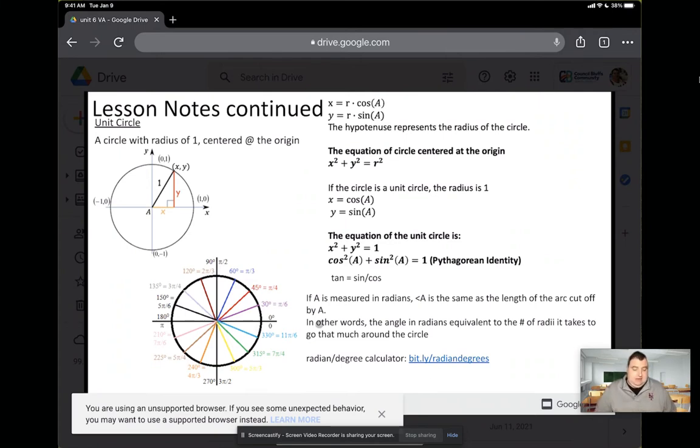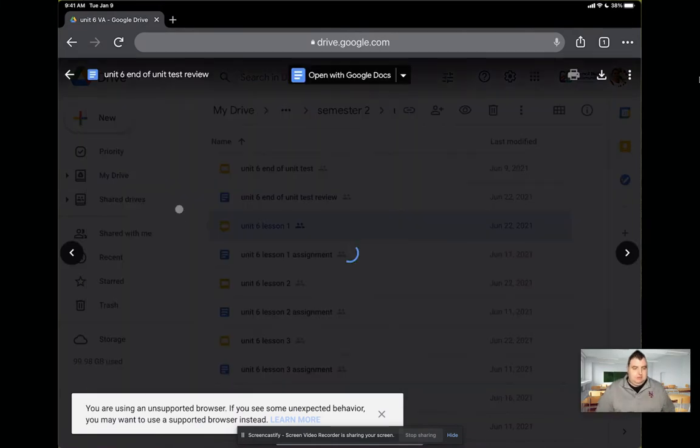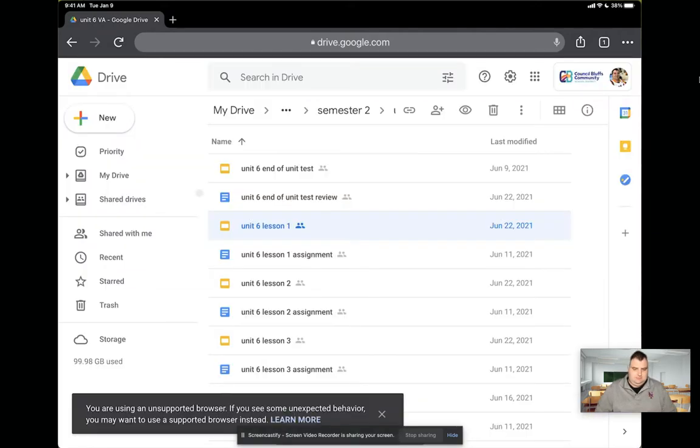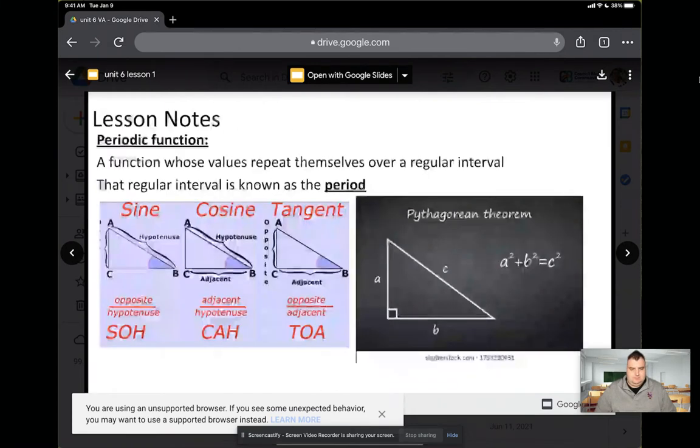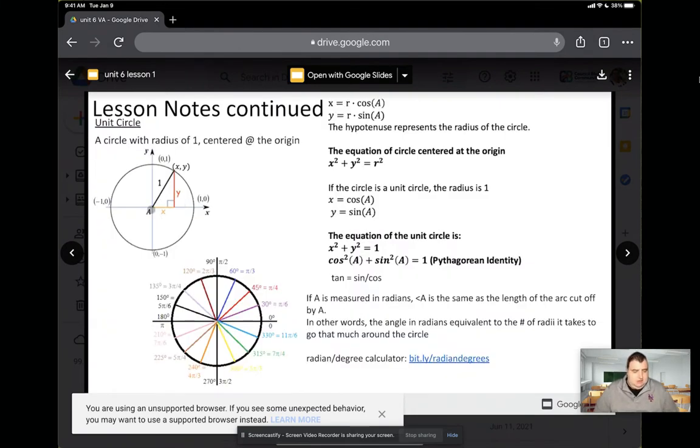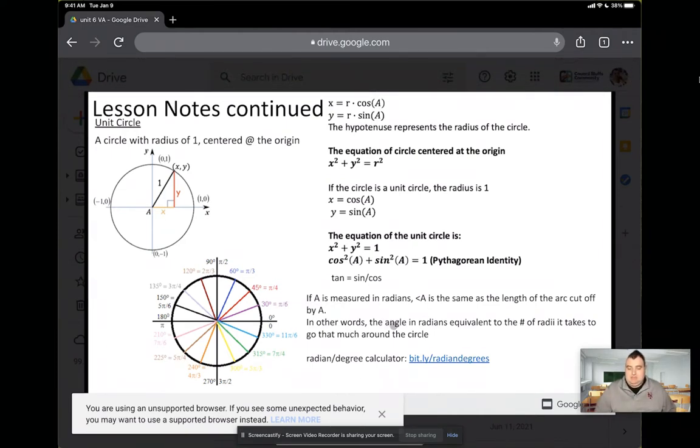Okay? And when we talk about an angle within the circle, if we call that angle A, what we know is if that A is measured in radians instead of degrees, as it says here, angle A is the same as the length of the arc cut off by A. So the arc is just a section, a part of the circle.